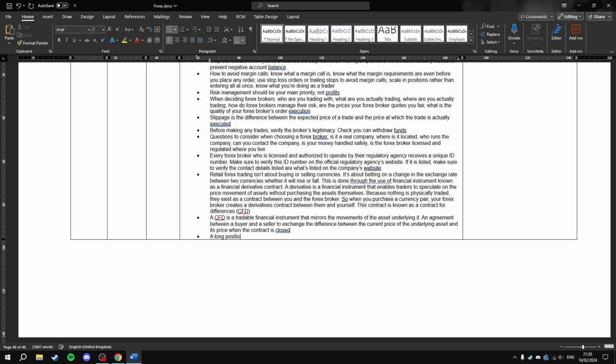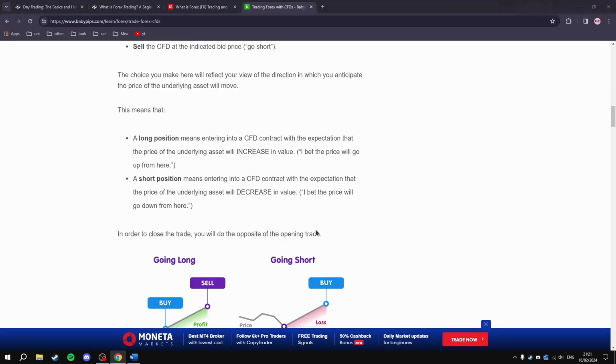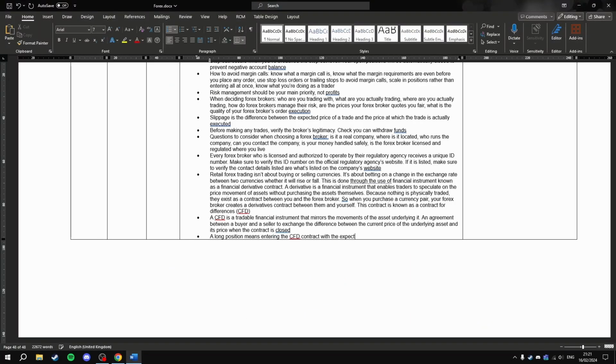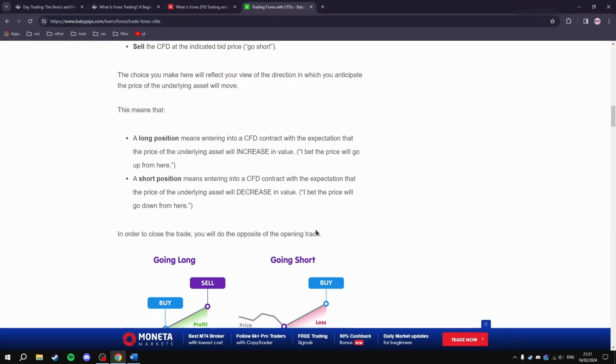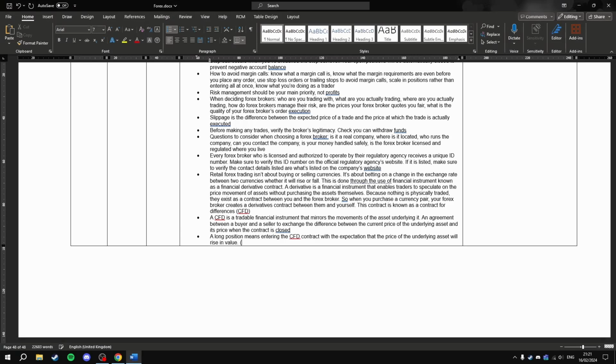So a long position means entering the CFD contract with the expectation that the price of the underlying asset will rise in value, aka I bet the price will go up from here.